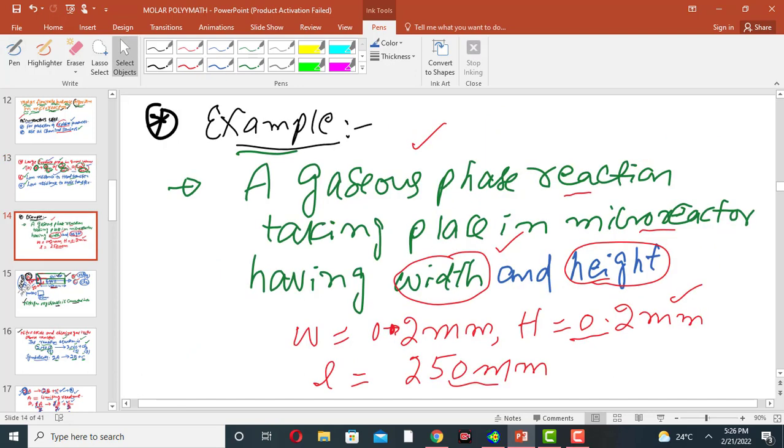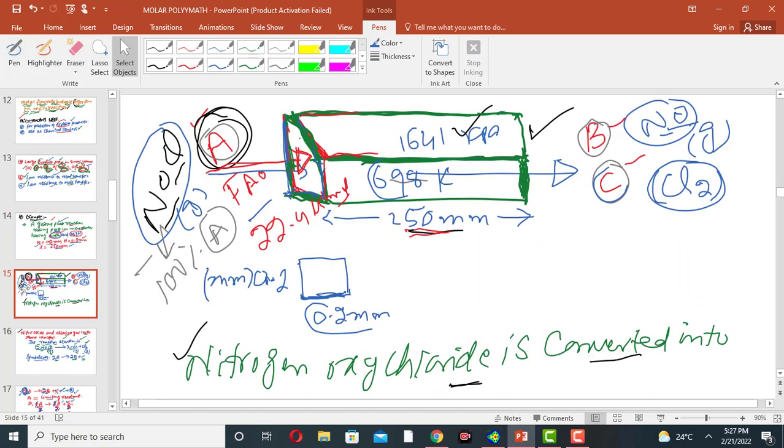We also discussed a reaction between nitrosyl chloride, chlorine and nitric oxide. There was a gas phase reaction, and the width, height and length of the reactor were given to us. This was our microreactor.